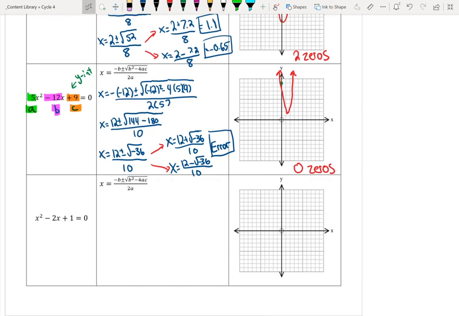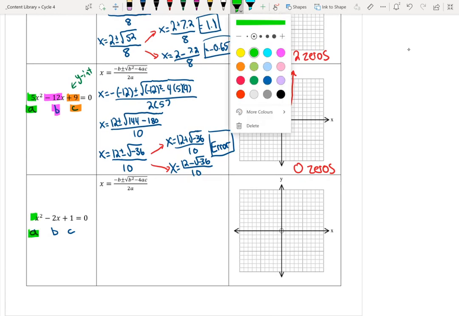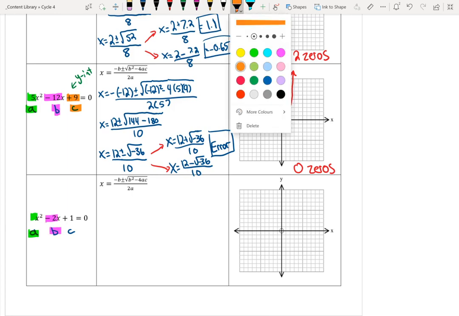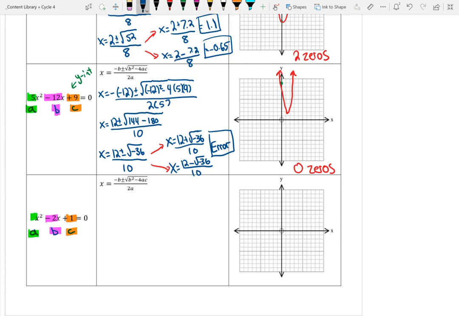And then lastly, the last one, again, our A, B, and C values, we want to find those from the standard form equation. And once we know those values, we're going to plug them in. So we have negative B, so -2 plus or minus the square root of -2 squared minus 4 times 1 times 1, all divided by 2 times 1.